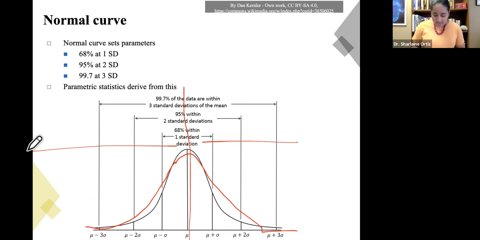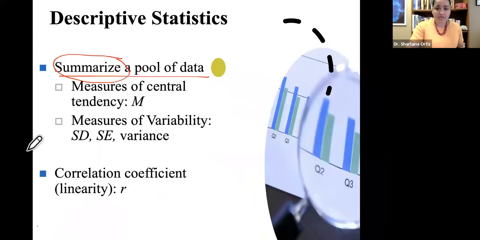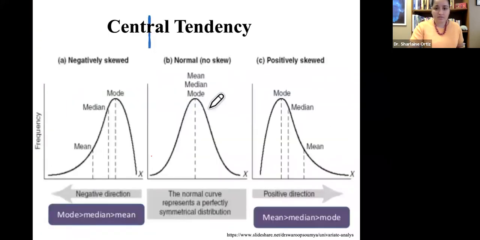Well, that is because if we move again to our new example, notice that in the normal bell, there is no skew. The mean, the median, and the mode will fall directly in the middle. It becomes a perfectly symmetrical distribution.